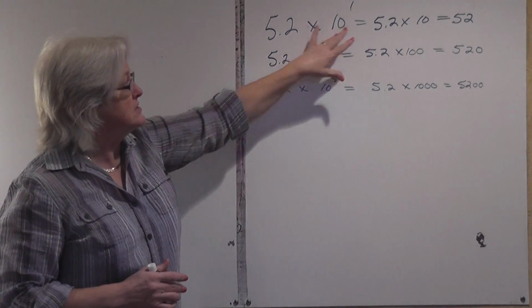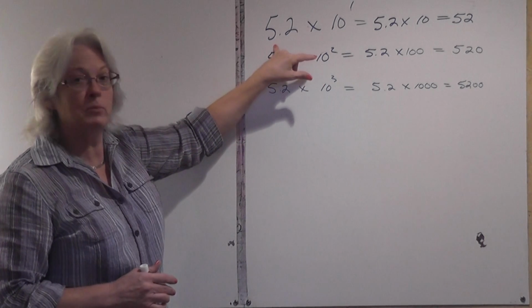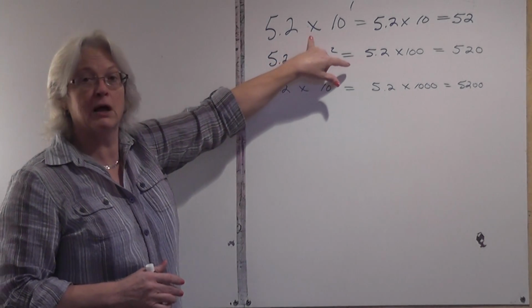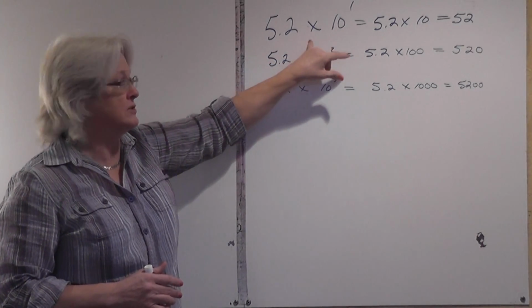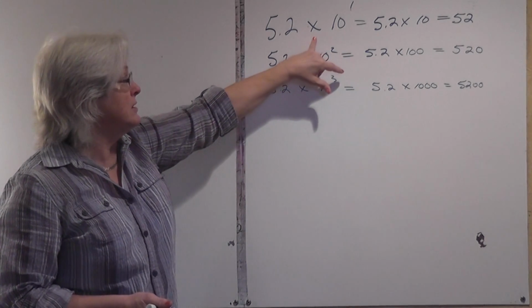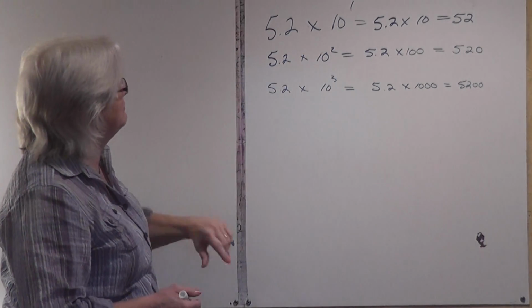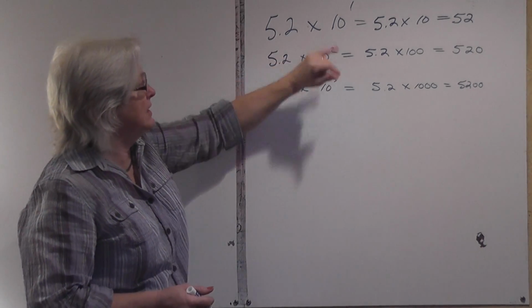However, this is the form that scientific notation takes: a number between 1 and 10 multiplied by a power of 10. So this is one case where we do want to use the x to indicate multiplication. Okay, so back to what we have here, 5.2 times 10.